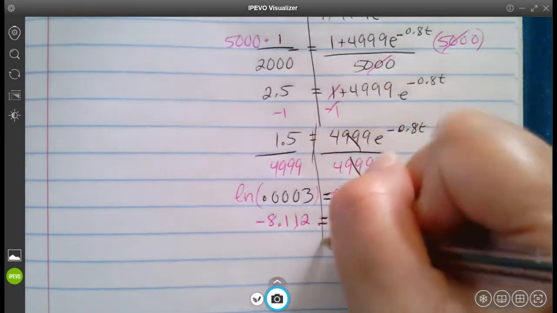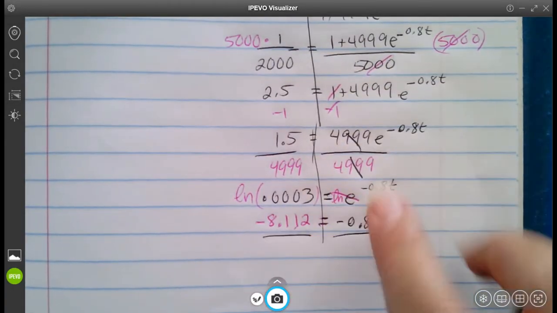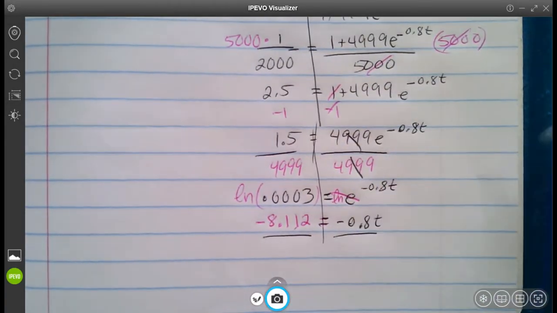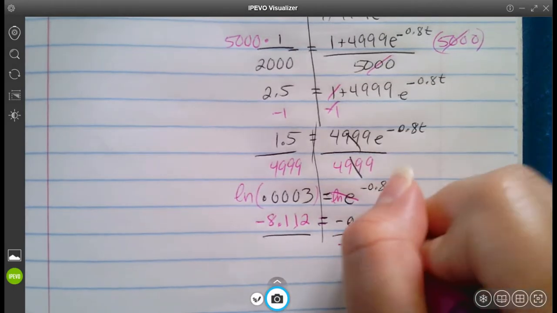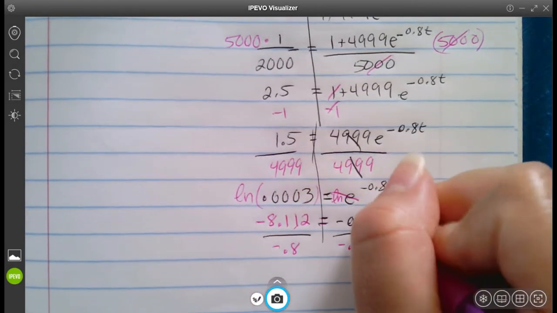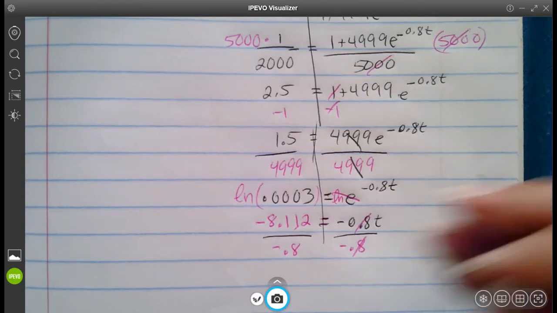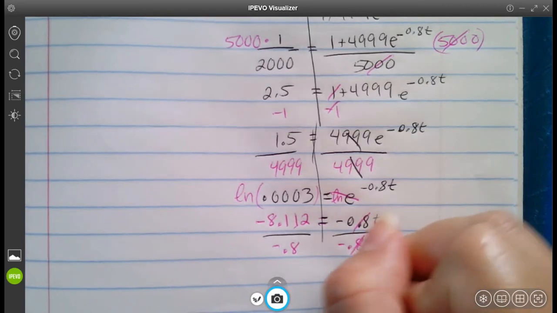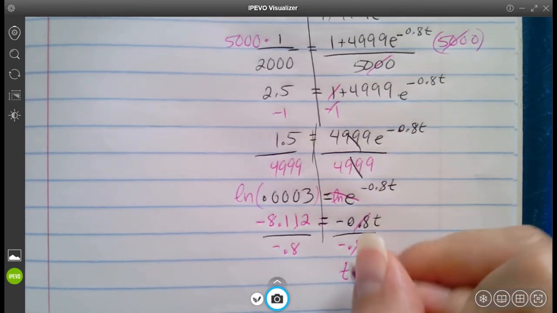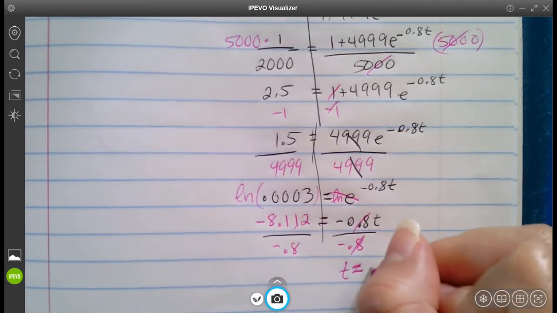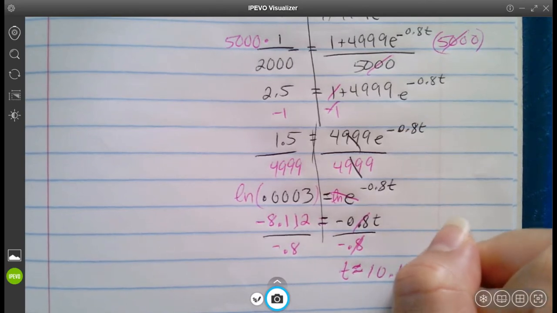My last step is to divide both sides by that negative 0.8. So let's do that. Okay, so it looks like my answer is t is approximately equal to 10.14.